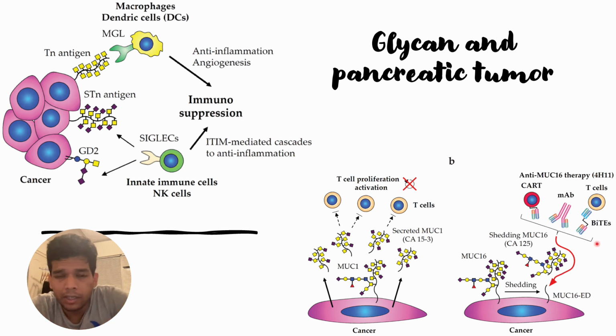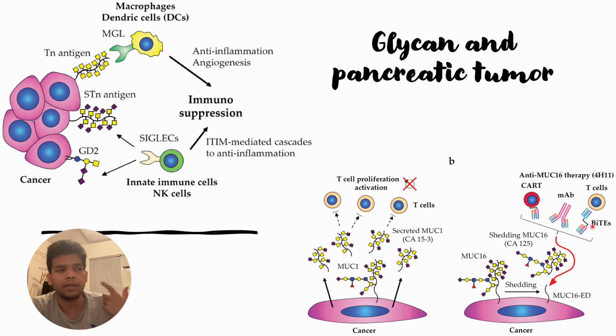Similarly, in the case of these T cells, they use single chain fragments, or two different receptors. The first is designed to target the MUC16 ED, and the other contains the receptors used to activate the T cells whenever the single chain fragment interacts with the MUC16 ED.